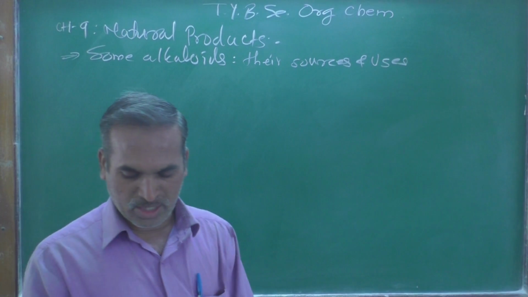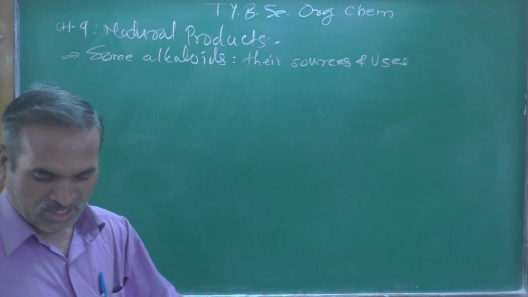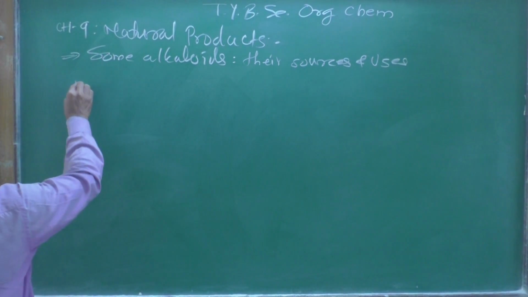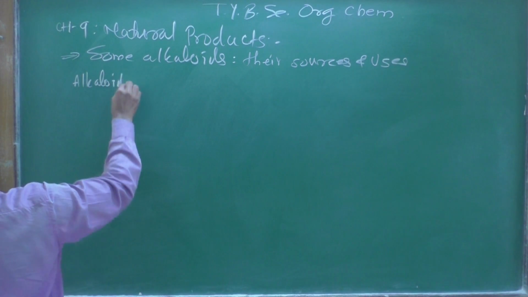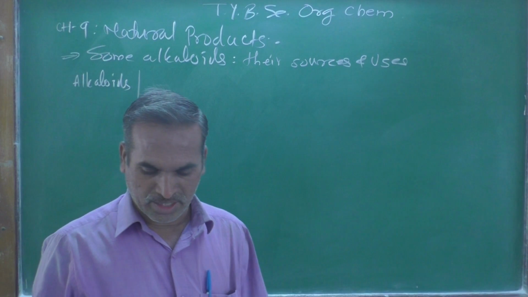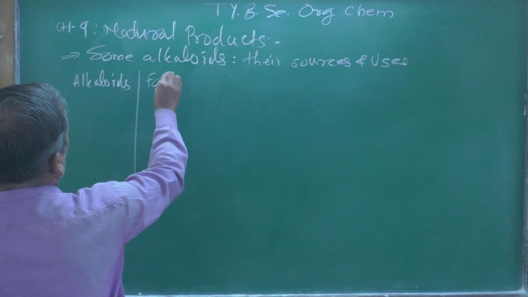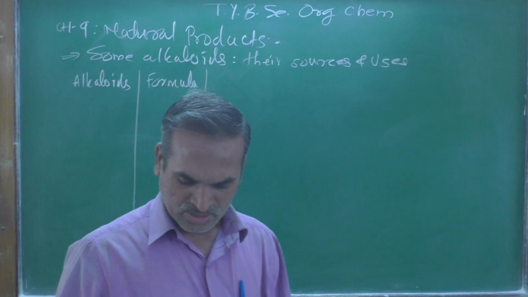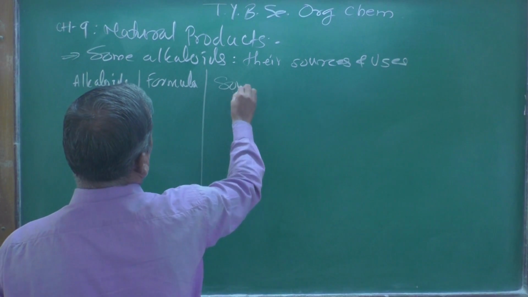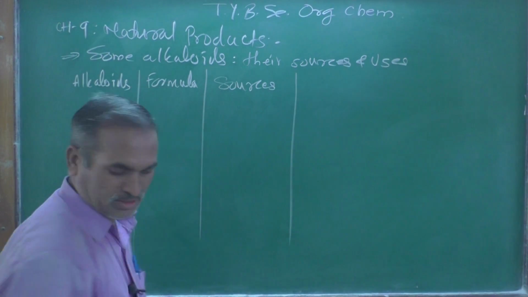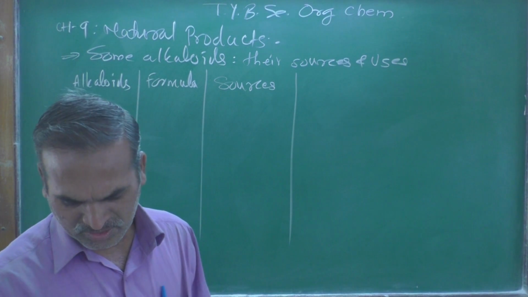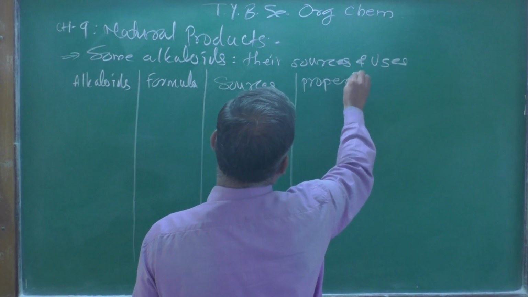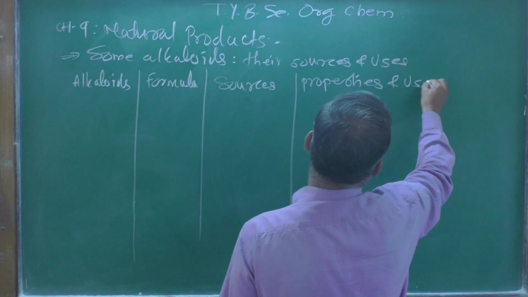In the table, the first column is alkaloids, the second column contains the molecular formula of that alkaloid, the next column is sources, and the next column is properties and uses.